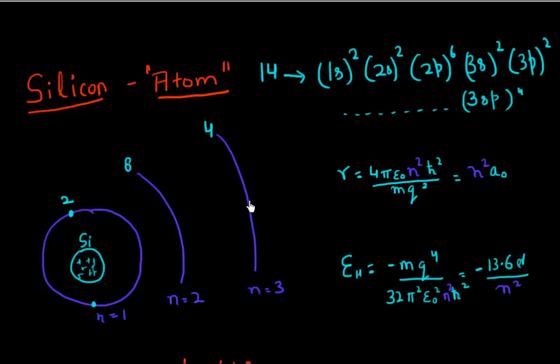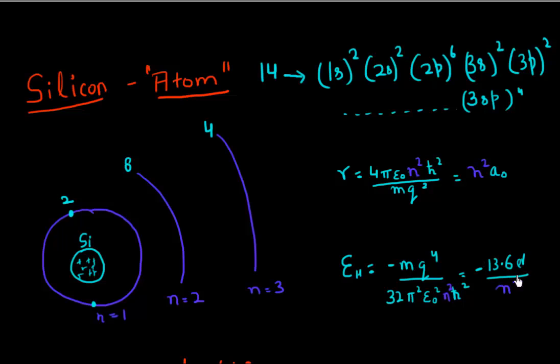which is partially filled. And we also know that the radius of each of these orbitals is given as a function of n squared, and similarly the energy of electrons in this orbital is inversely proportional to n squared.